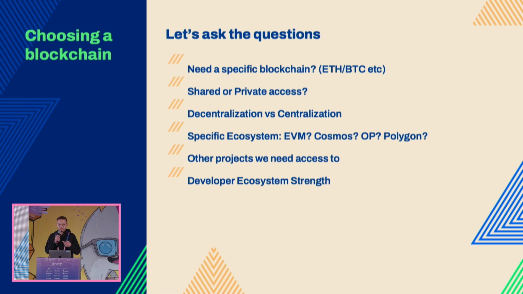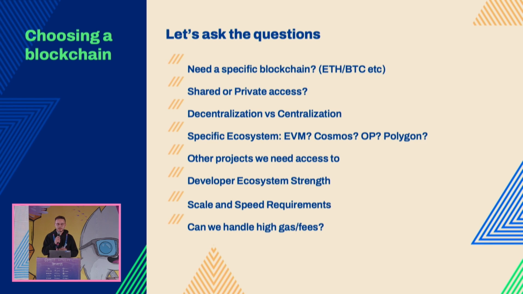If your product is relying on other projects on a specific ecosystem, you are also locked to that ecosystem. And the third one is actually the developer community around that specific network, right? So if you're looking for a strong developer community that actually innovates, improves, and builds all the tools that are needed in order to access your product, this is something that you might want to consider as well.